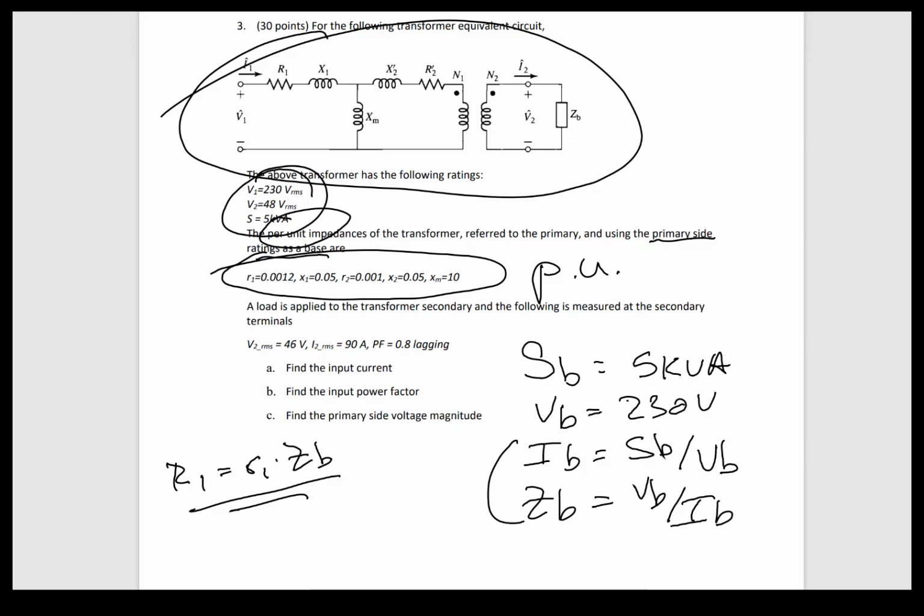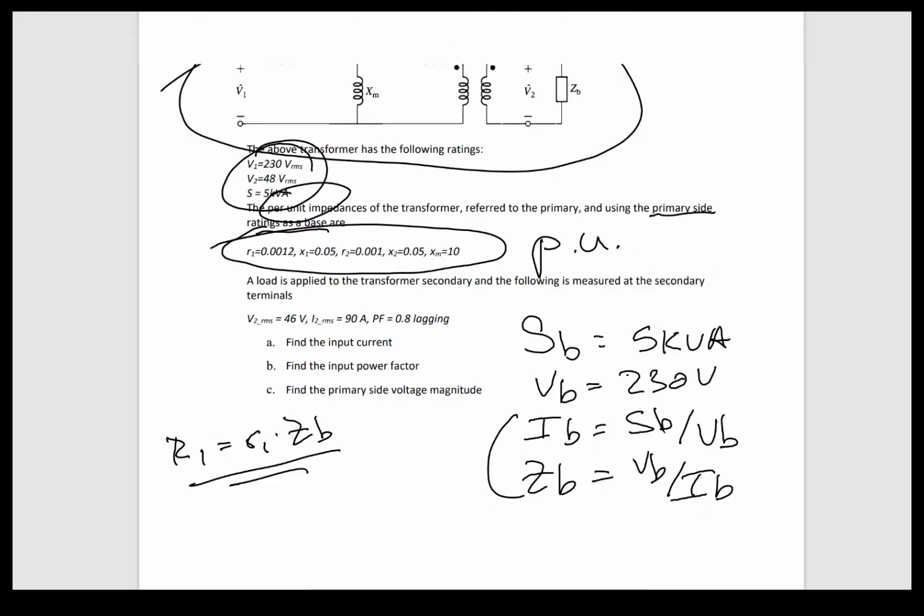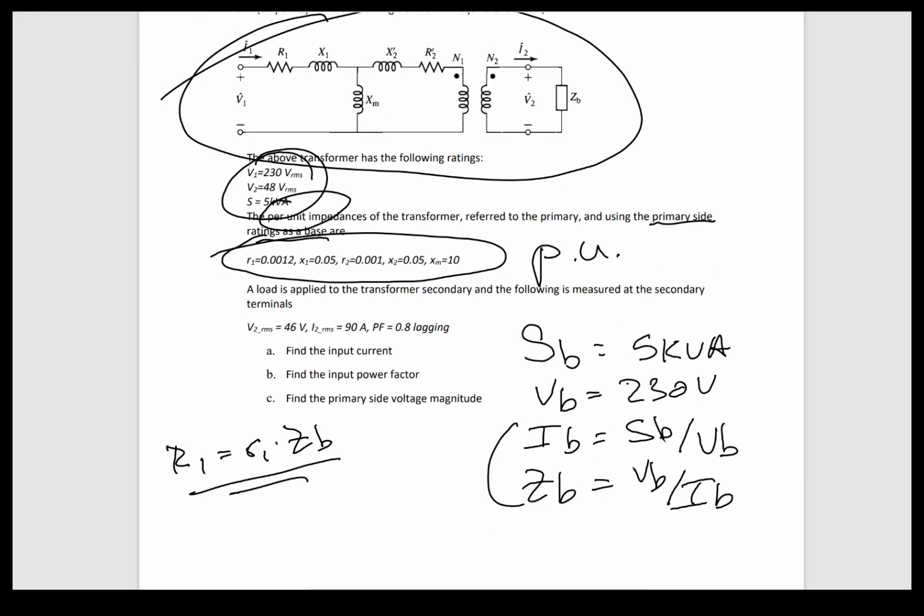It's not going to go away. Essentially, to find the input current, you had to find the input impedance. It's a matter of practicing, and I try to give you enough homework problems to practice that skill of solving.